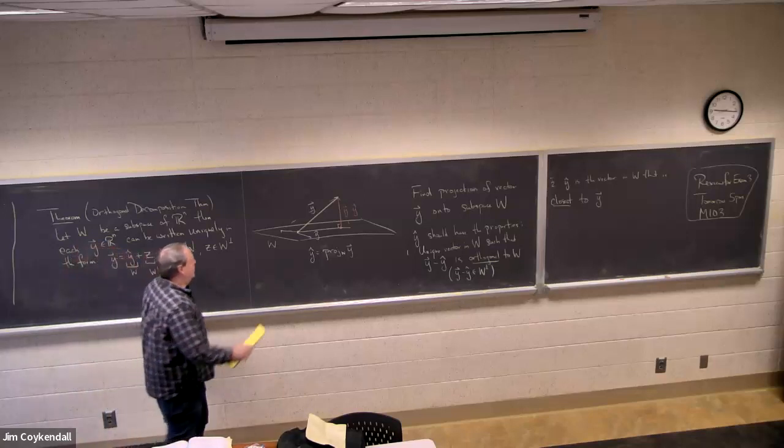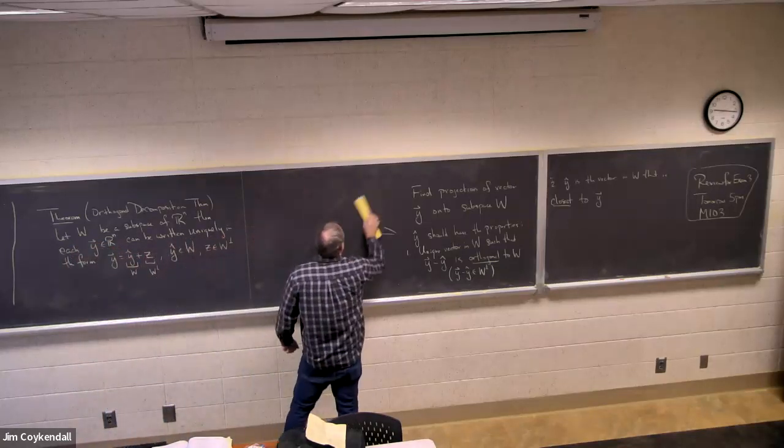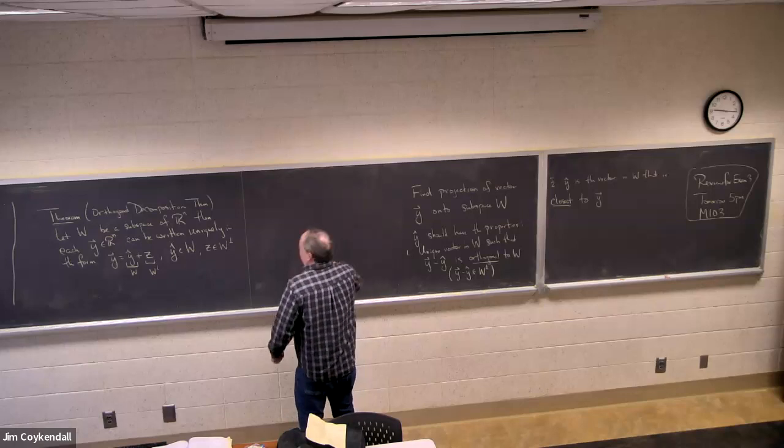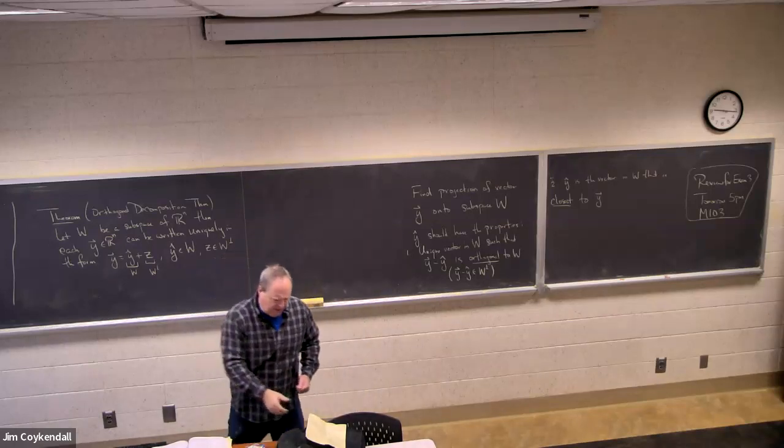Let me add a little bit to this, because what is more than just that statement? I can give you something that's even a little bit computational in the following sense.